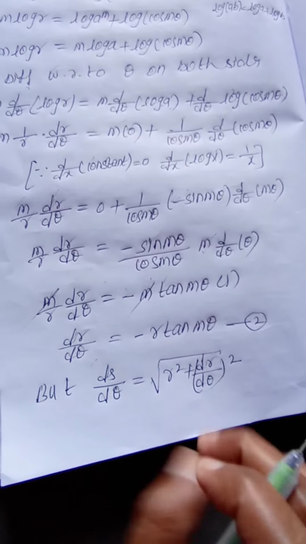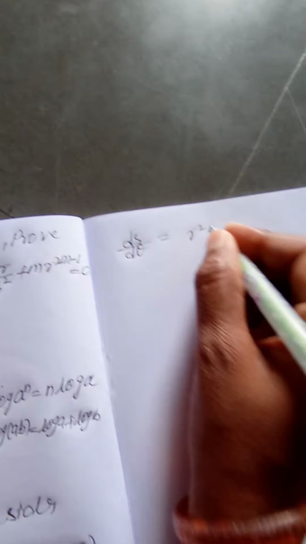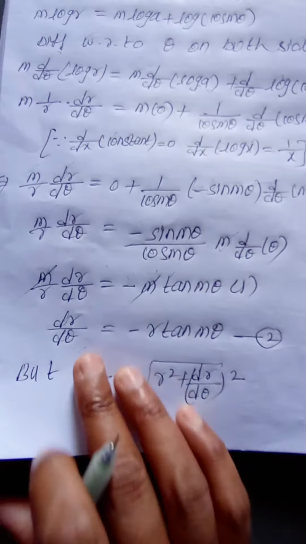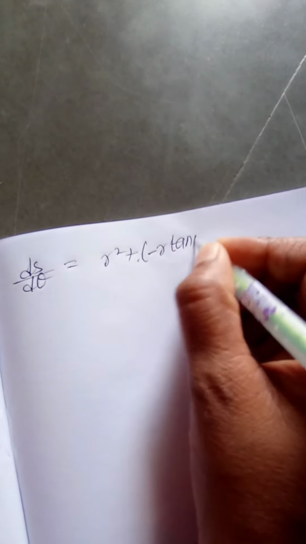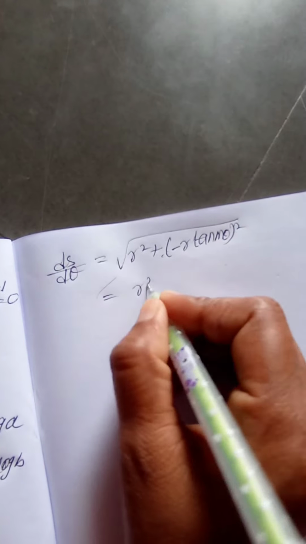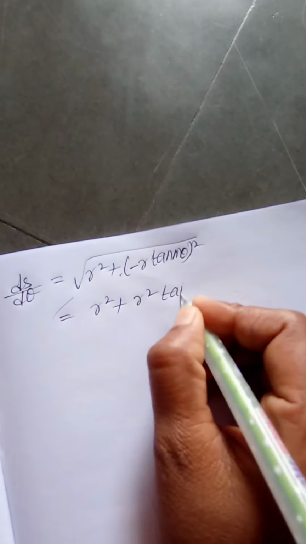We know dr by d theta value is minus r tan m theta. So ds by d theta equals under root of r square plus minus r tan m theta whole square. So this is r square, plus minus r tan m theta, and minus square is plus, so r square tan square m theta.